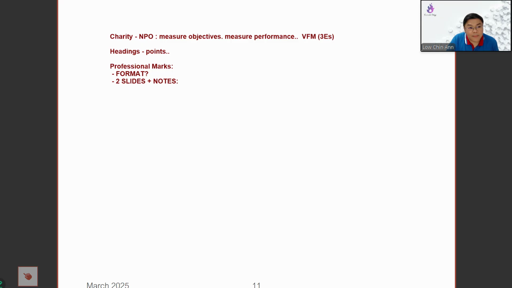Because the case gave a long list of their performance measures, I think it's actually quite good for performance management questions to come in, especially as they talk about compliance. It's important for you to see whether the charity is operating in such a way that they meet the expectations of the stakeholders and also comply with local regulation.